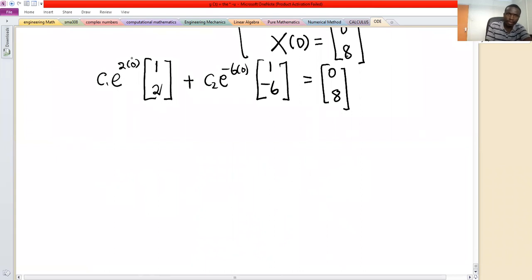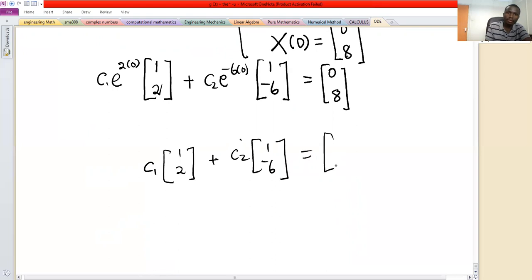So e raised power 0 is 1. So we just have c1 times (1, 2) plus c2 times (1, minus 6) equals (0, 8).